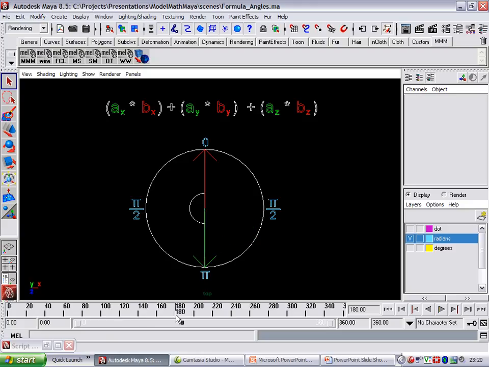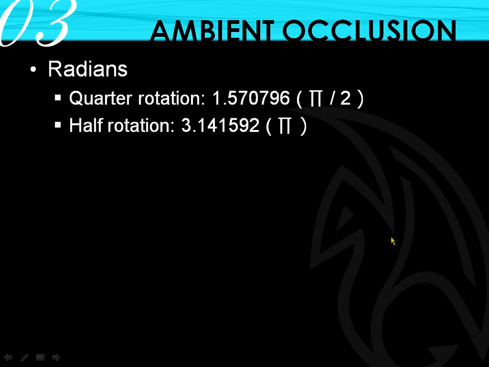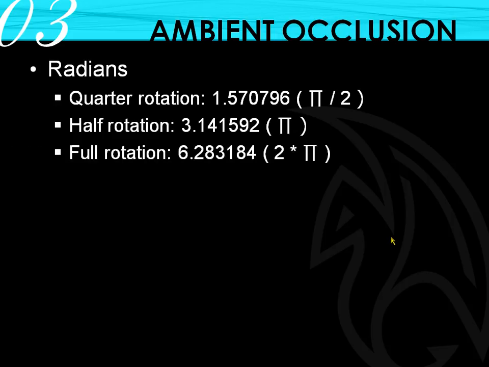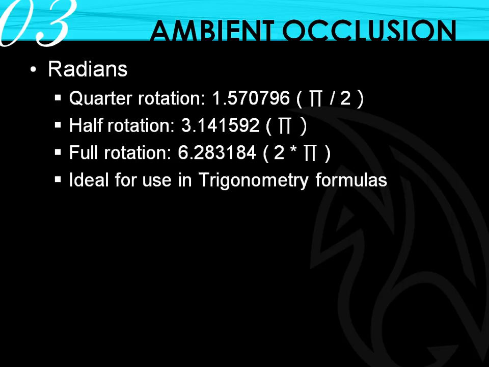Here it's pi. So it's always 3.14 for 180 degrees. And a full rotation would be 2 times pi. So if anybody's ever talked to you about radians, or you've ever had a little bit of difficulty, or you've used some commands in Maya that use radians, it's very simple. A half rotation, 180 degrees, is essentially pi, or 3.14.